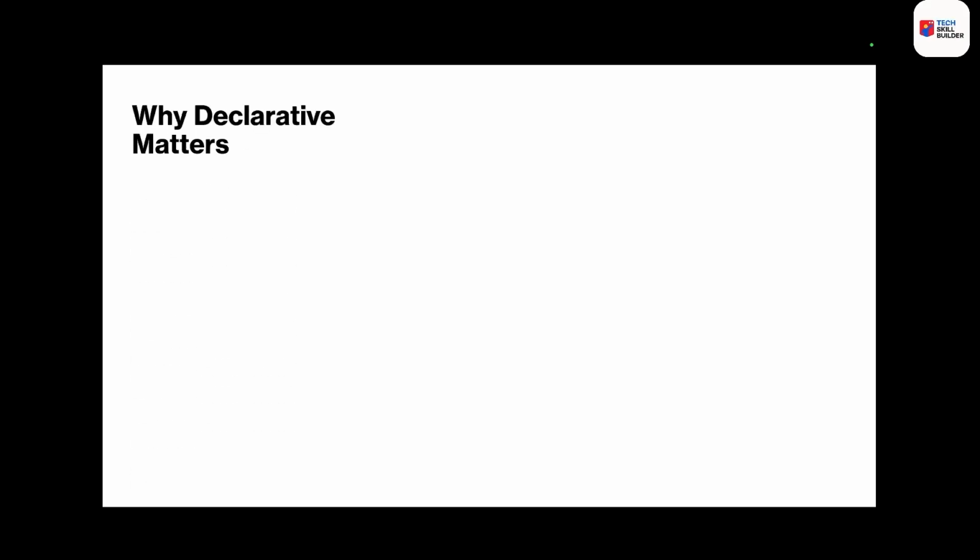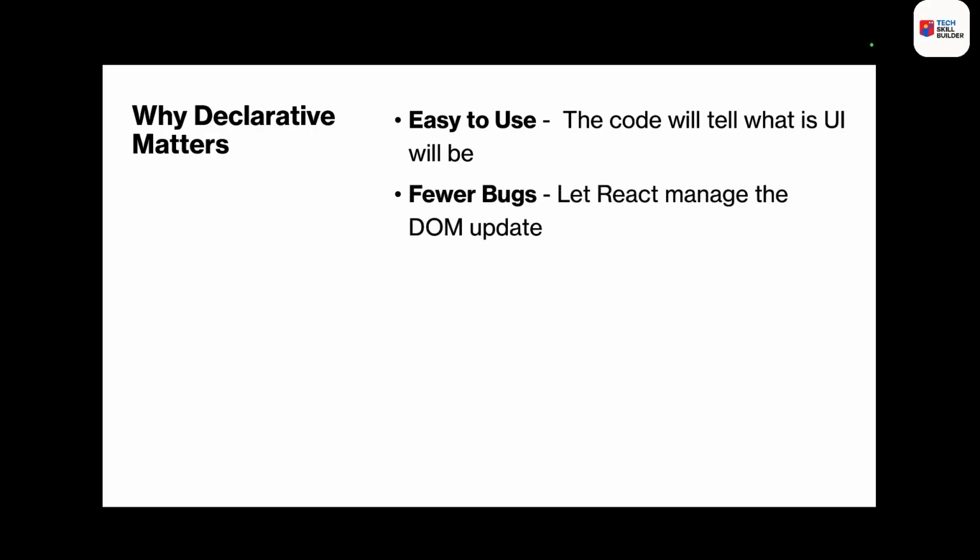Why declarative matters? It's easy to use. The code will tell you what the UI will be: div, heading, paragraph, buttons. That is all you need to tell. You don't have to create elements and all. Fewer bugs: let React manage the DOM update.